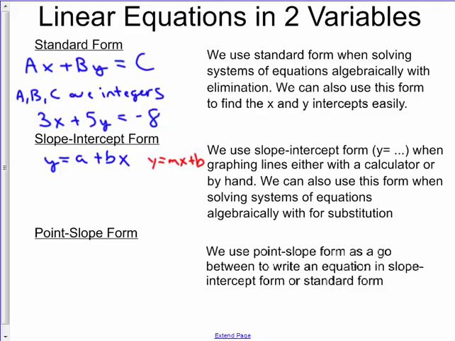But we do have to recognize a couple of things. The number in front of x is my slope, and the other number is my y-intercept. So an example is 6 plus 2x. So b, the number in front of x, is my slope, or in the other one, it's m, whatever you want. And a would be my y-intercept. So in that example, 6 is my y-intercept, 2 is my slope.